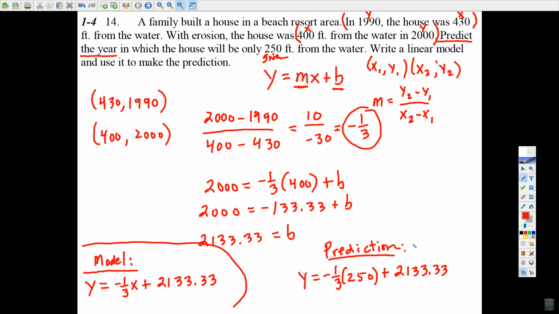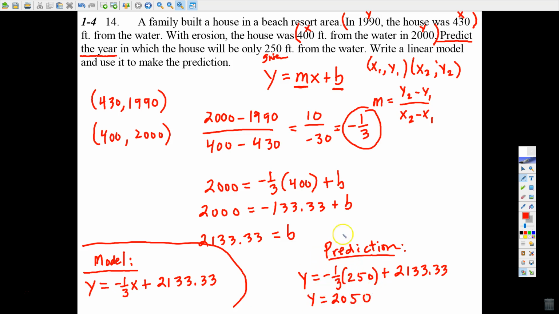So we can grab our calculator, and that's the same thing as 250 divided by negative 3. And we add to that 2133.33, and we get 2049.996. But again, this is supposed to be a year, so we're just going to round to the nearest year. And so when we take 2049.996 and round to the nearest year, we get 2050.